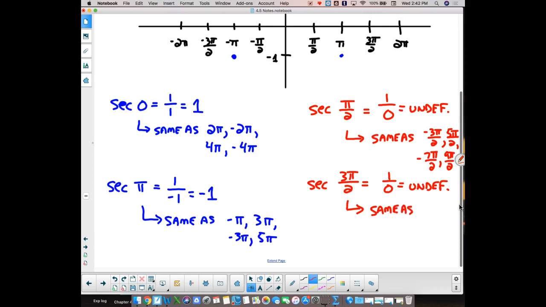So what is 3 pi over 2 the same as? Negative pi over 2. Need some more. 7 pi over 2.